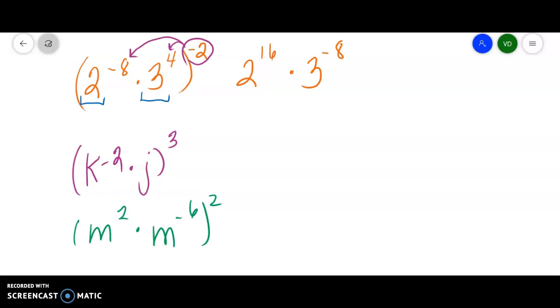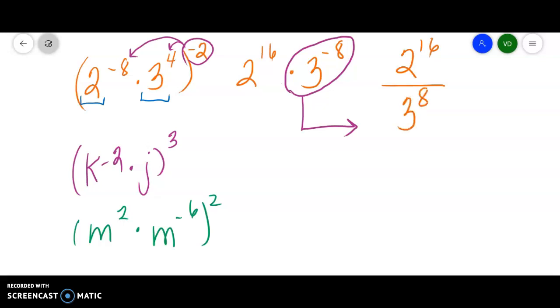If we're going to eliminate the negative exponents, we have to take my base with its negative exponent, and that is what gets moved below the fraction. So if I make that into a fraction, 2 to the 16th power stays on top as my numerator. 3 now becomes to the 8th power because we moved it to our denominator. And that is our final answer.